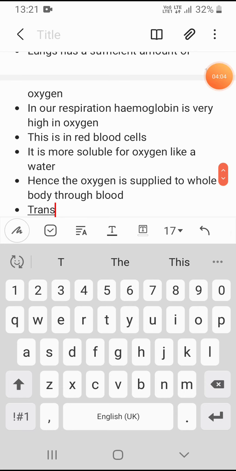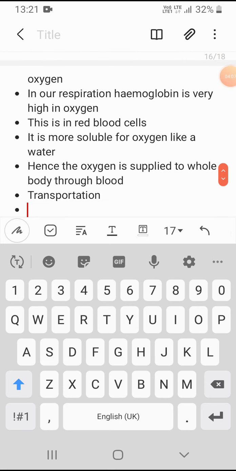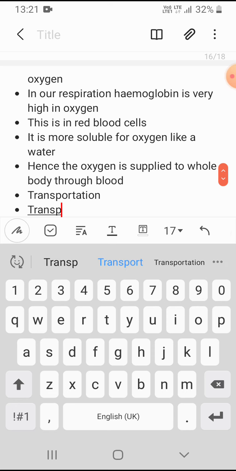So, transportation in human beings. Let's know about transportation in human beings.